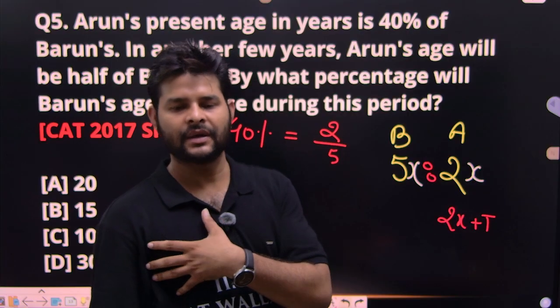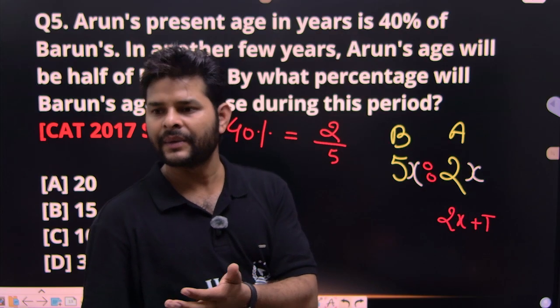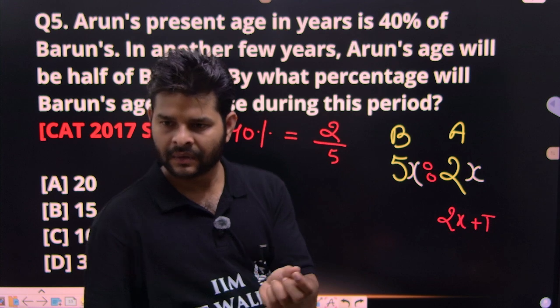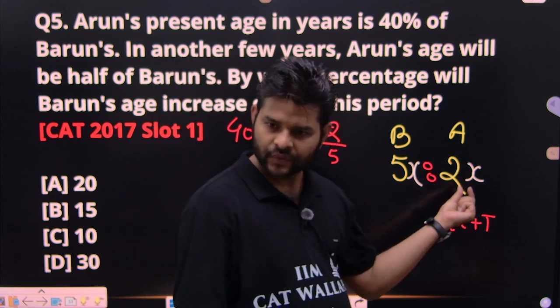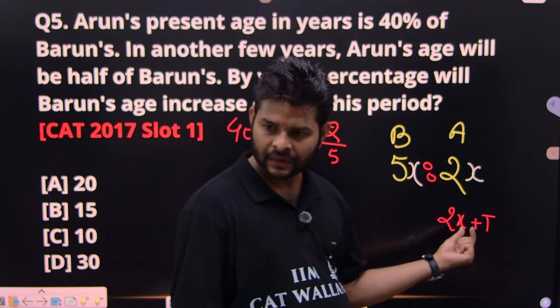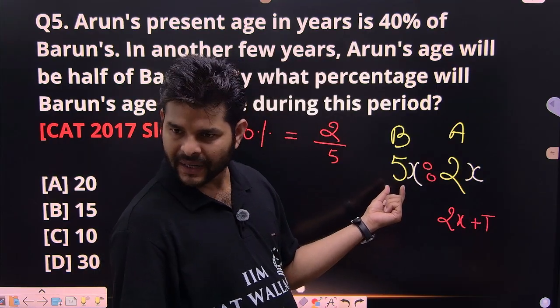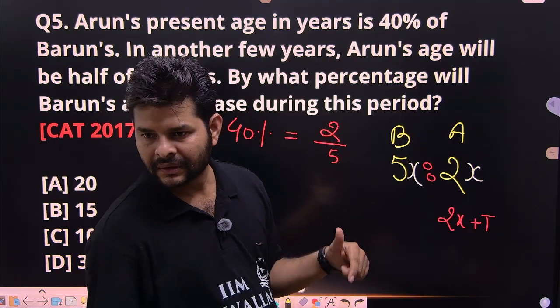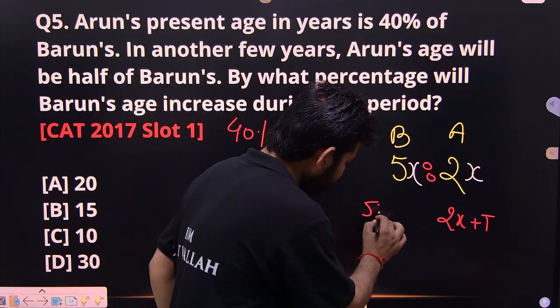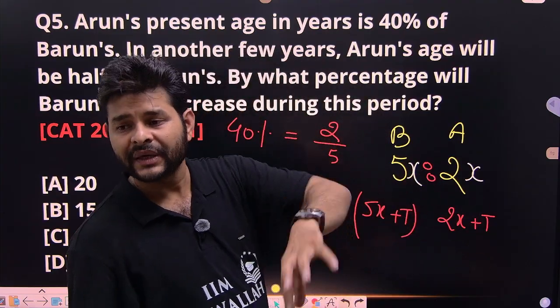If right now I am 25 years old, after 10 years I will be 35. So Arun's age is 2x, and after t years his age would be 2x plus t. The current age of Barun is 5x, and after t years that would be 5x plus t.